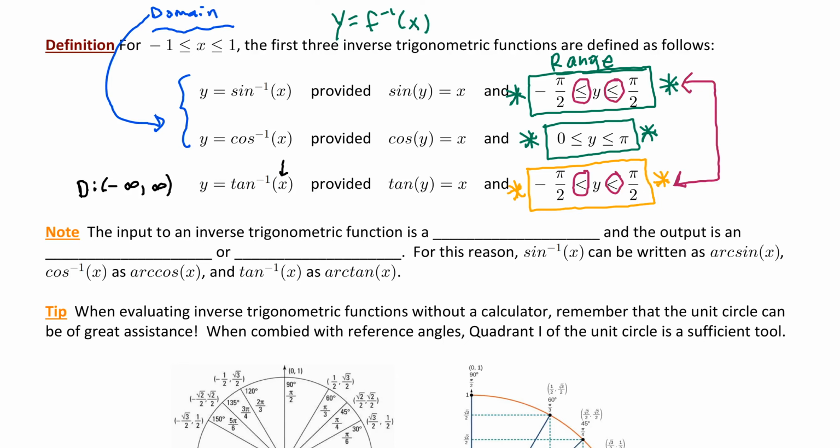Now, we said at the beginning that an inverse function reverses the action of the original function, and this is what our inverse trigonometric functions are going to do. So note that the input to an inverse trigonometric function is a ratio. That is, what I'm plugging into the argument is one of the ratios that we've learned from the unit circle. The output is an angle, or you can think of that as an arc.